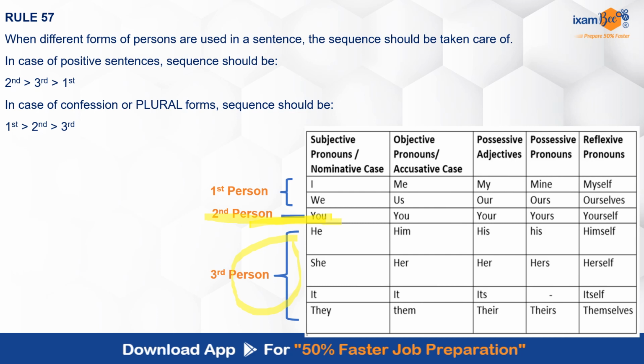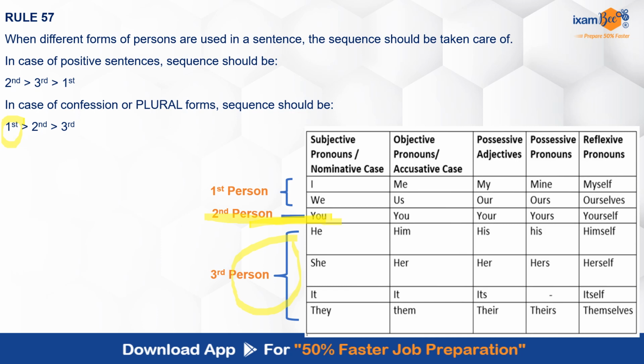So 2, 3, 1, you give least priority to the speaker. But when you are making a confession or when you are using plural forms, you will always give priority to first person first, then second, and then third. This is one order that you must remember.